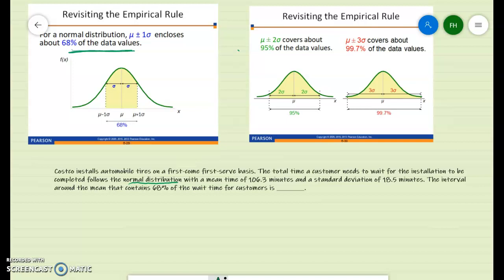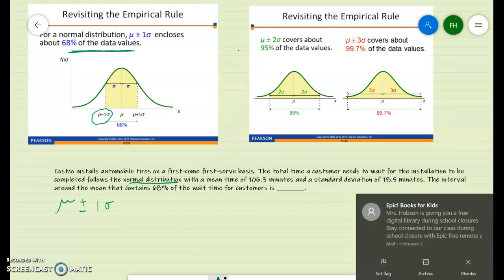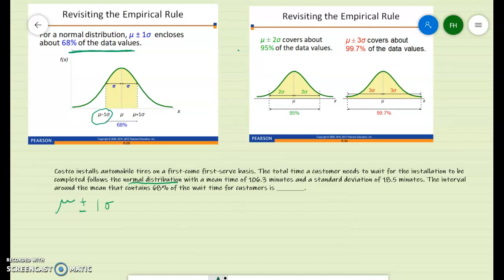The way that you do that is you're going to take the mean and you're going to add and subtract 1 times the standard deviation. When we subtract the standard deviation, that's going to give us the interval on the left side of the mean, and when we add the standard deviation, that is going to give us the right side. So let's draw it to get a visual here.